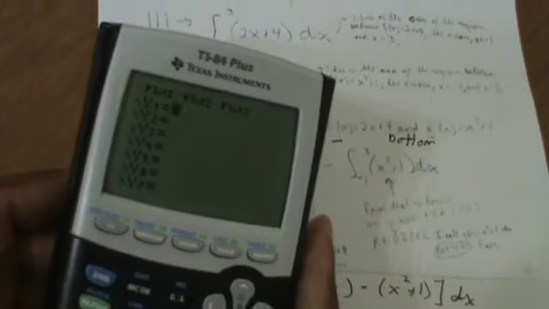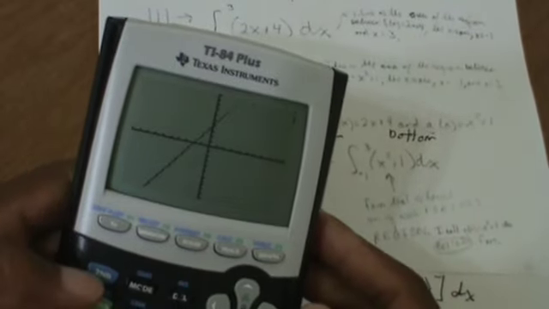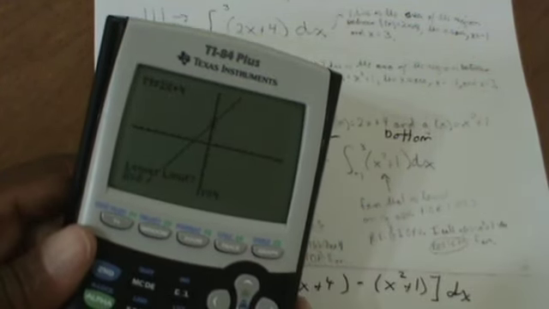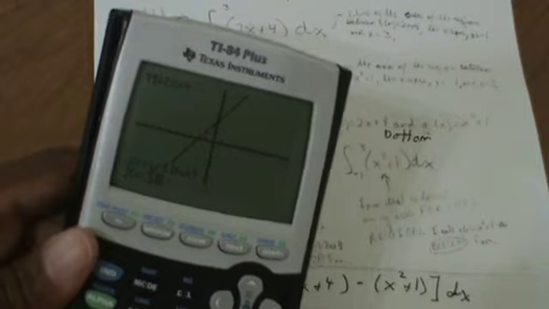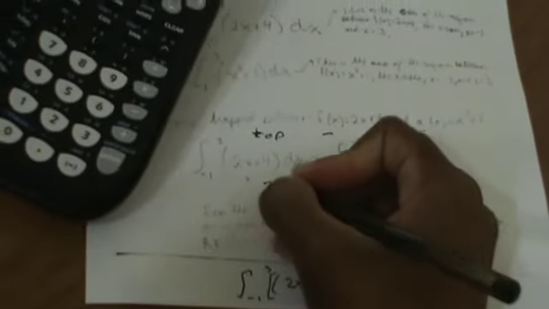So on the one hand, I'm going to do this first one, right? So 2x plus 4, graph that. I'm going to do second calc, number 7. Lower limit is -1, upper limit is 3. All right, so I get 24 units of area here. Minus, all right, let's do the other one.